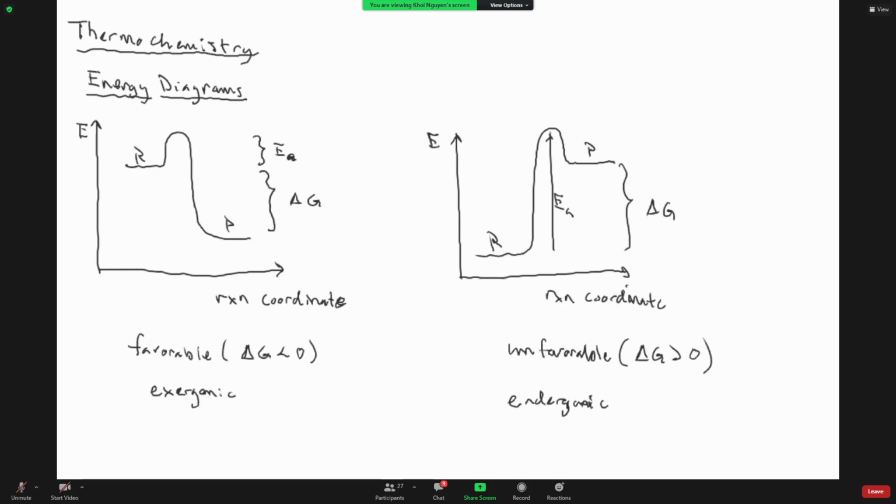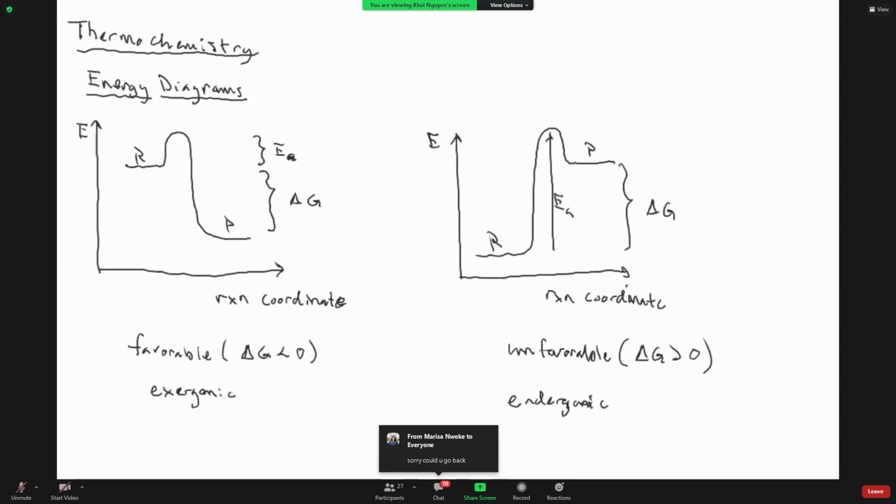So later, when we talk about kinetics, which is the second half of what we're going to talk about, it's all based on that activation energy. Kinetics is always dependent upon getting to the transition state. The transition state is this state up here.